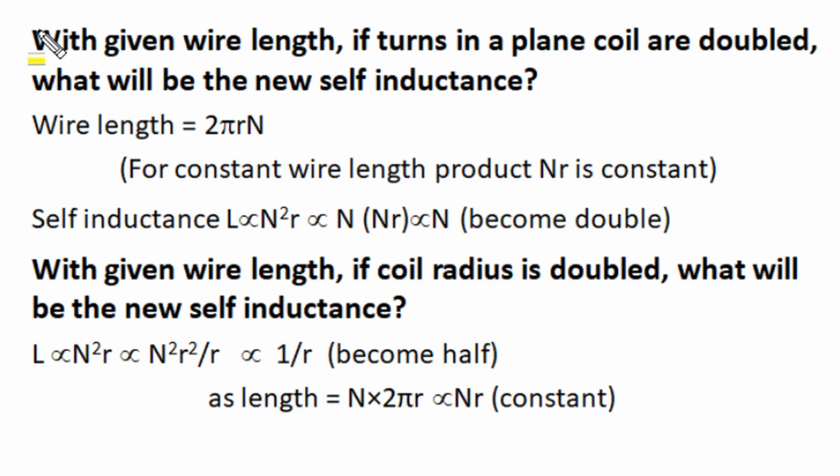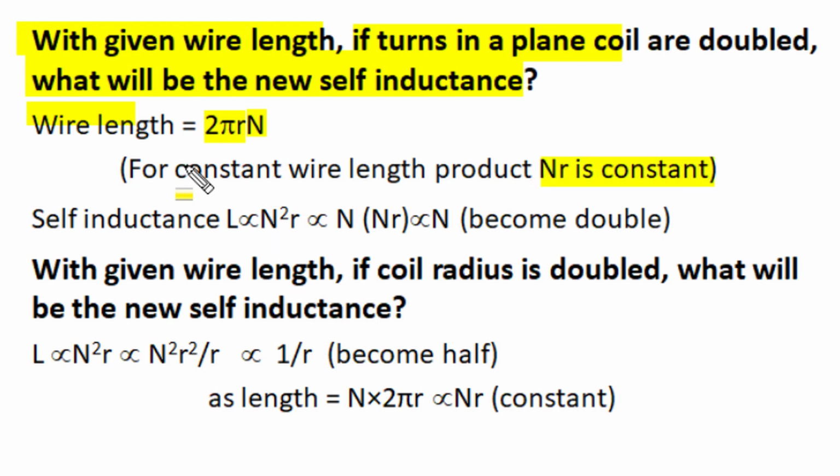One is this: with given wire length, if turns in a plain coil are doubled, what will be the new self-inductance of that coil? We know that one circular turn of r radius has a periphery 2 pi r, and for n turn coil the total wire length is 2 pi r n, and when wire length is the same or constant, then the product of number of turns and radius of coil remains constant.